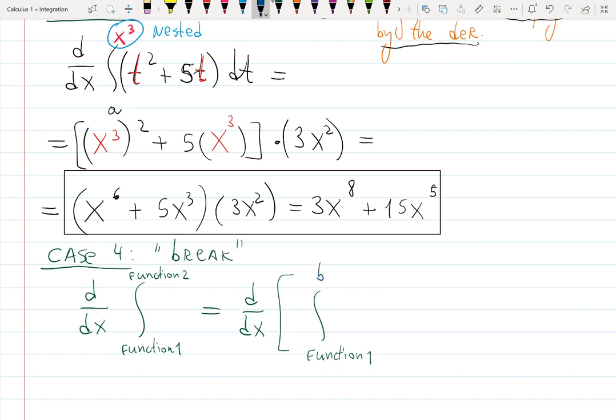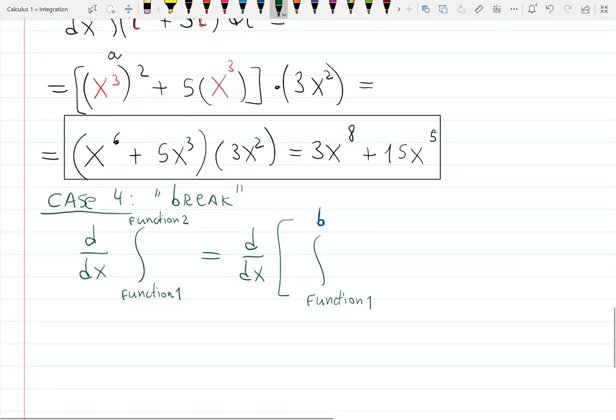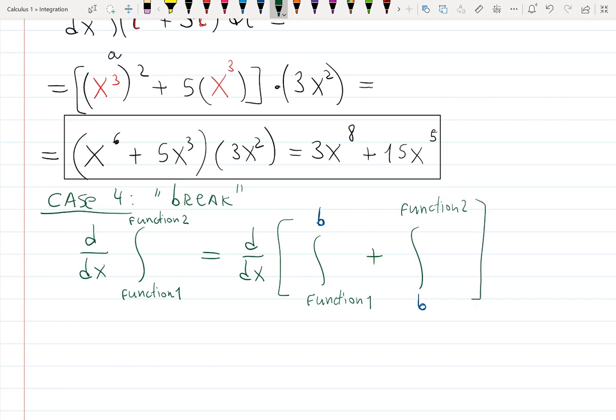B can be anything, you will see some exceptions at some point, but you are choosing the b. Plus, then what's going to happen if I'm making a break? That's why I call it a break. Yes, exactly, plus the integral from b to function 2.